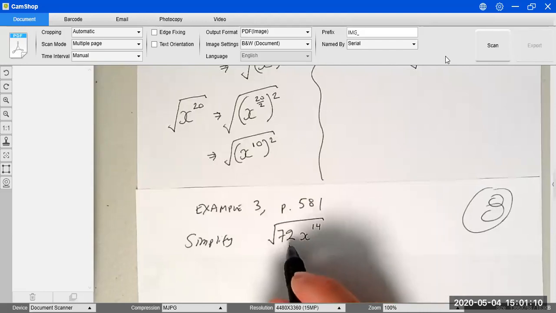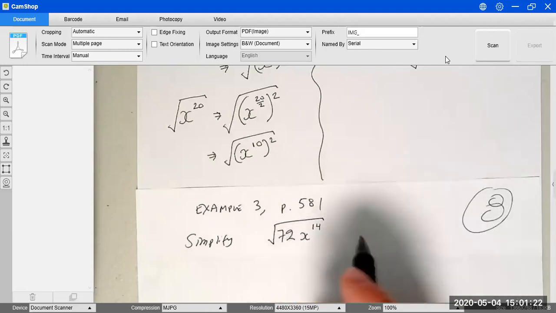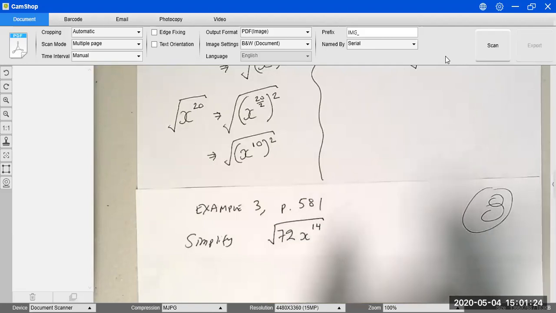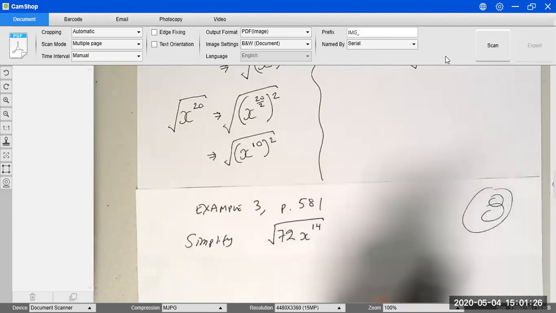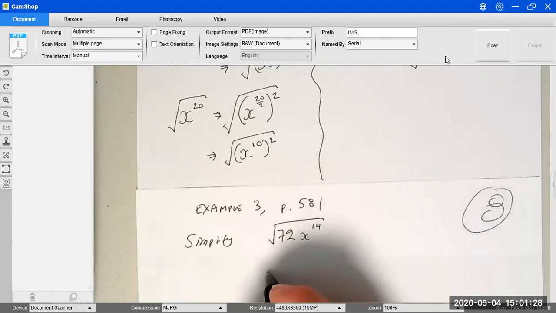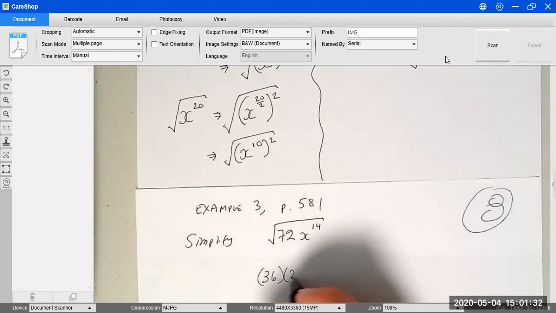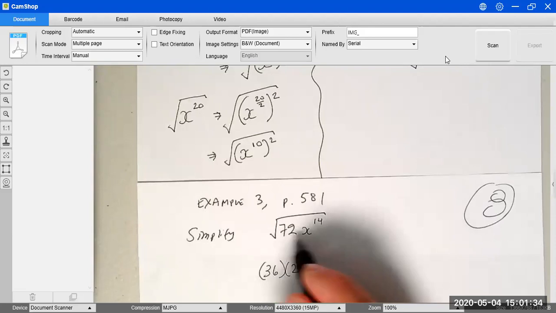So for example, first I need to break 72 into factors, one of those factors to be a perfect square if possible. If not, this 72 goes into the radical sign with non-perfect squares. But in this case, 72 can be written as 36 times 2. So that's 72.